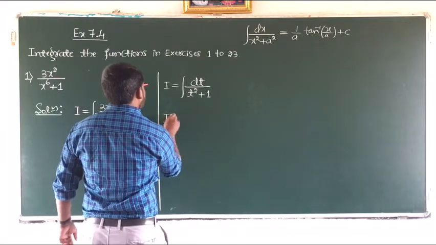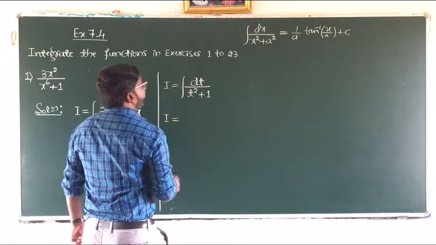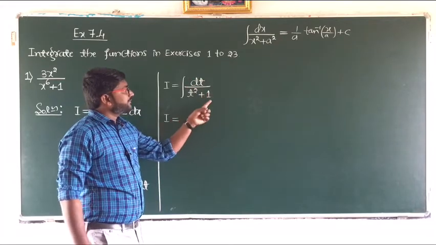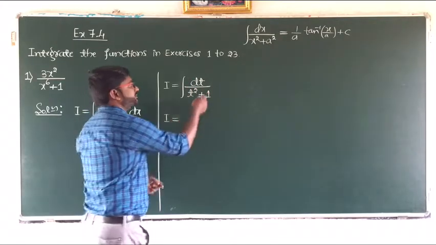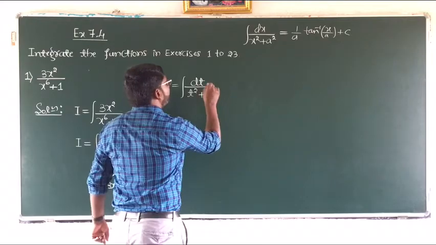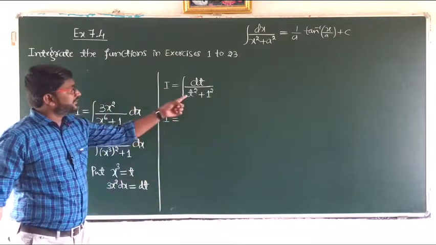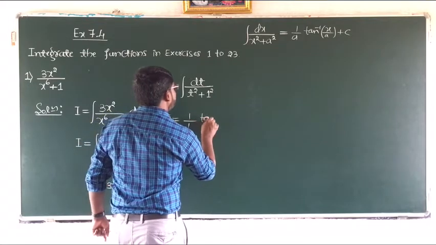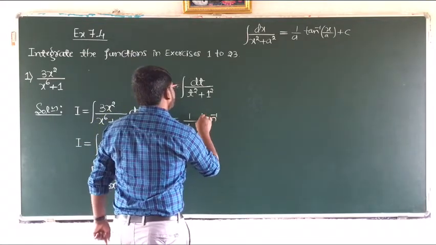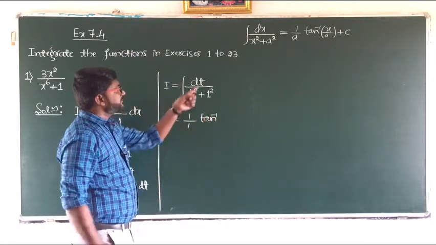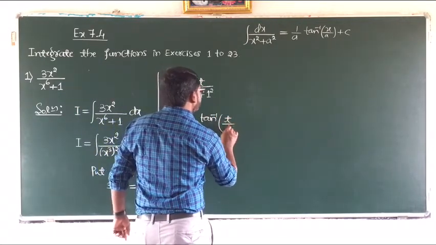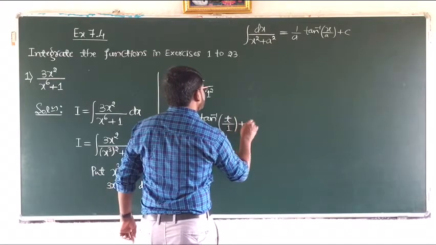So I equals, here the variable is t. So 1 by a, in place of a we have 1. So this 1 can be written as 1 square. So now 1 by a, that is 1 by 1, into tan inverse x by a, that is t by a. T by a value is t by 1.